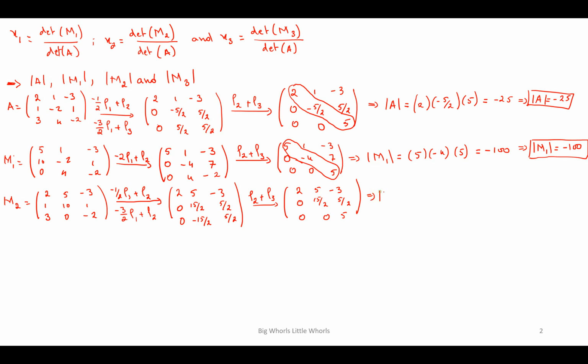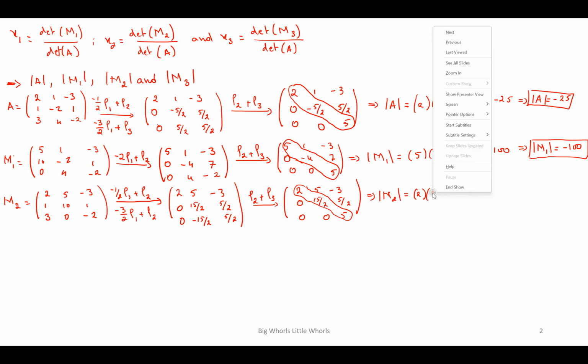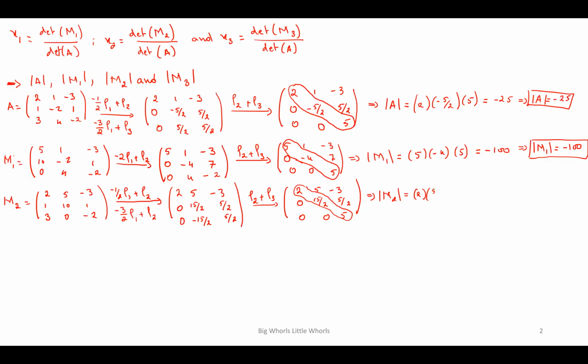That means the determinant of M2 is equal to 2 multiplied by 15 over 2 multiplied by 5, which is equal to 75. So the determinant of M2 is equal to 75.